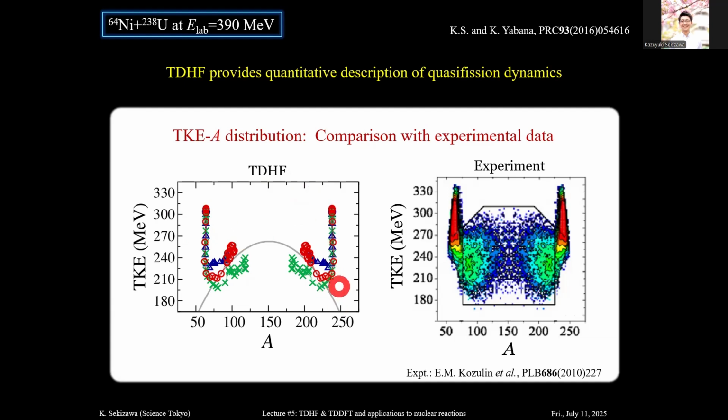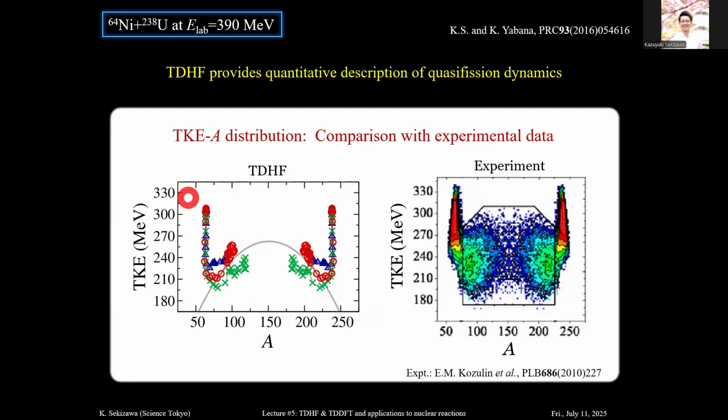And after energy dissipation, the nucleons start to be transferred from the heavy nucleus to the light nucleus. The horizontal axis is the mass number. So the mass number changes from the initial value towards mass symmetry.